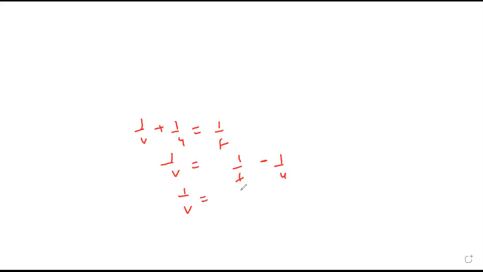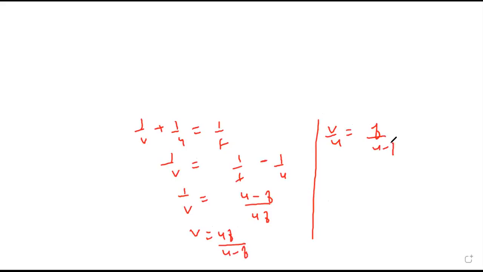So 1 upon v equals u minus f upon uf. Therefore, v equals uf upon u minus f. Okay, this much okay? So v upon u will become f upon u minus f.